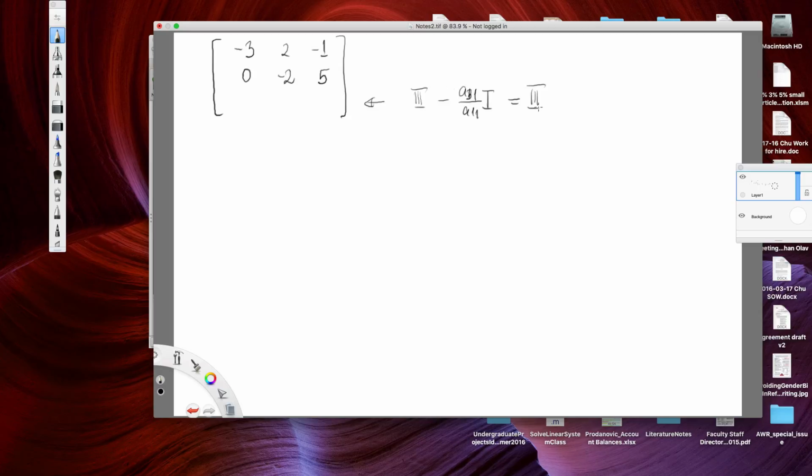And the coefficient is just negative. This is my coefficient that I'm going to record as L31.